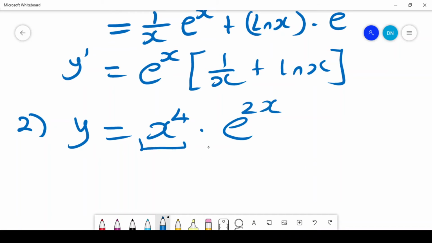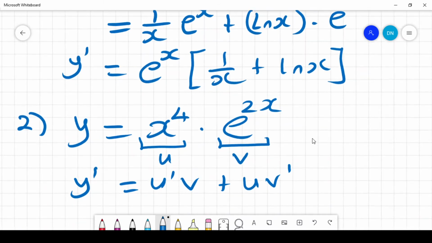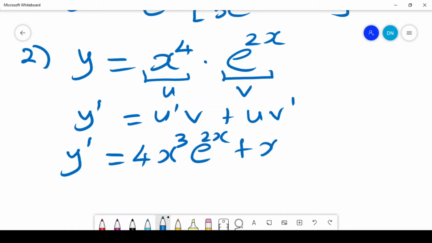Again, I separate it into two as u and v, and therefore y prime is u prime v plus u v prime, meaning u prime means the first derivative of u with respect to x. So I'm referring to that as my u. So my y prime will be 4x cubed e^(2x) plus x^4 times 2e^(2x).